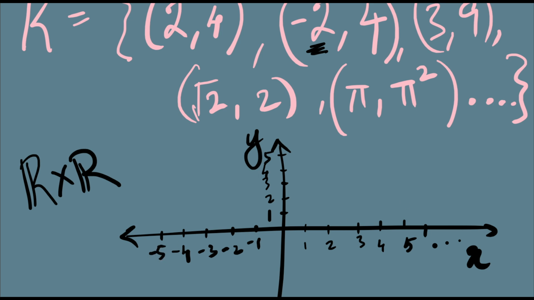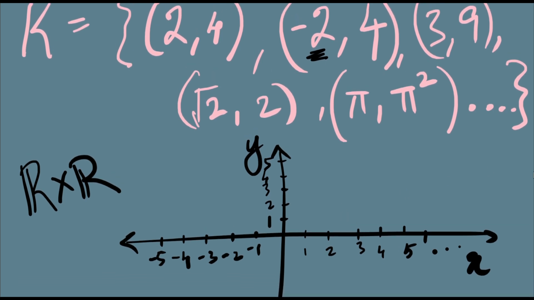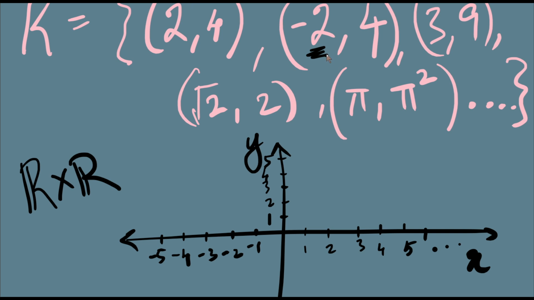Well, this would be my axis, and let us plot these points. So 2 comma 4 is in my relation. Minus 2 comma 4 is in my relation, so minus 2 in the x and 4 in the y. And root 2 comma 2, well, root 2 would be somewhere between 1 and 2. It will be closer to 1 than 2, and root 2 comma 2 would be somewhere over here.